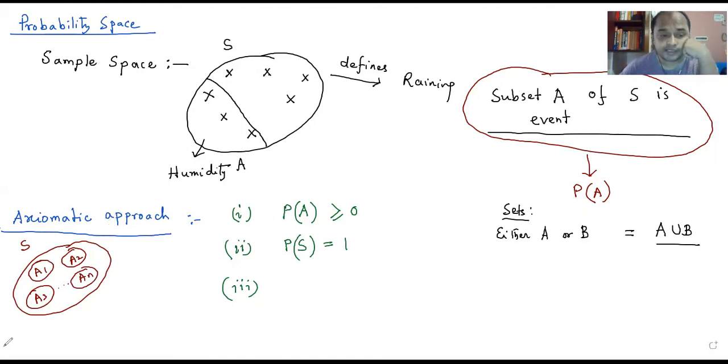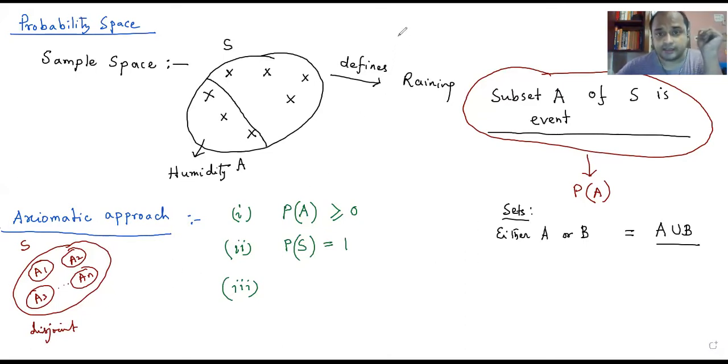Mutually exclusive means the events are disjoint. With respect to set theory, there are no common elements. With respect to probability theory, these events will not happen simultaneously. If one happens, the other will not happen.